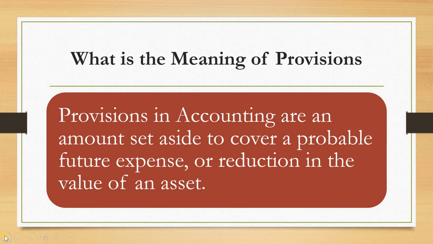Whatever payments, like electricity or telephone bills, are accruing for the month of March, but the payment you are making in the month of April, that is the next financial year, that particular amount you have to set aside and recognize in your profit and loss account as it belongs to the current financial year. That amount which you will be paying in future is known as provisions.